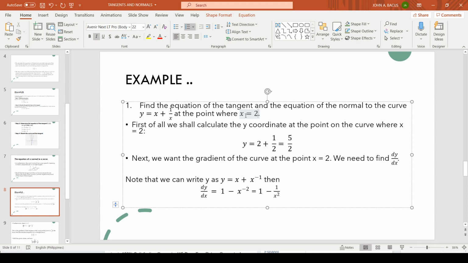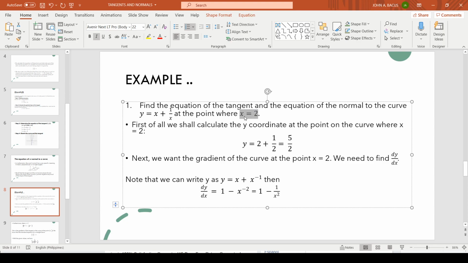So, what is y? The formula for finding the equation of a line is y minus y sub 1. We don't have y sub 1 here. So, how are you going to find a point on our equation with only x given, which is 2?